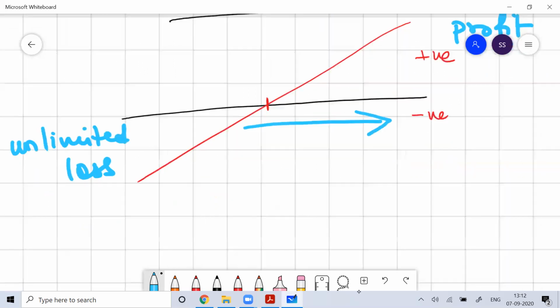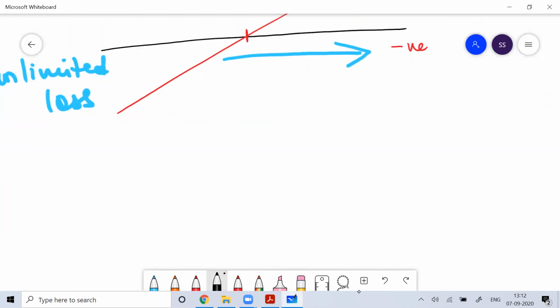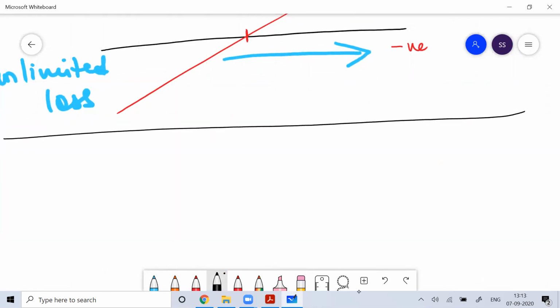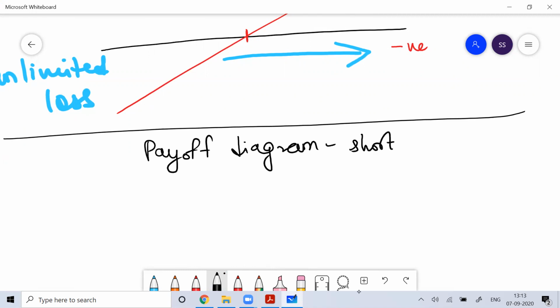Similarly, if I talk about the payoff diagram of a short position holder, it doesn't matter whether the short position is taken in a forward contract or a future contract.